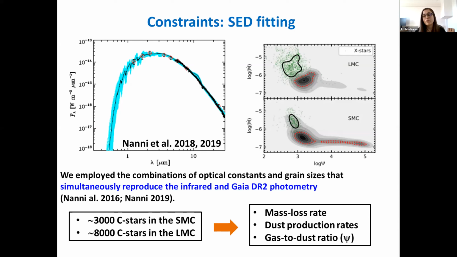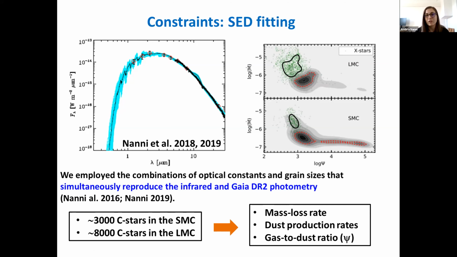In particular, we have fitted around 3,000 carbon stars in the SMC and 8,000 carbon stars in the LMC. By fitting the photometry through our model, we derive the mass loss rate, dust production rate, and gas-to-dust ratio. You can see the results here on the right. We have, for LMC and SMC, the mass loss as a function of the gas-to-dust ratio.